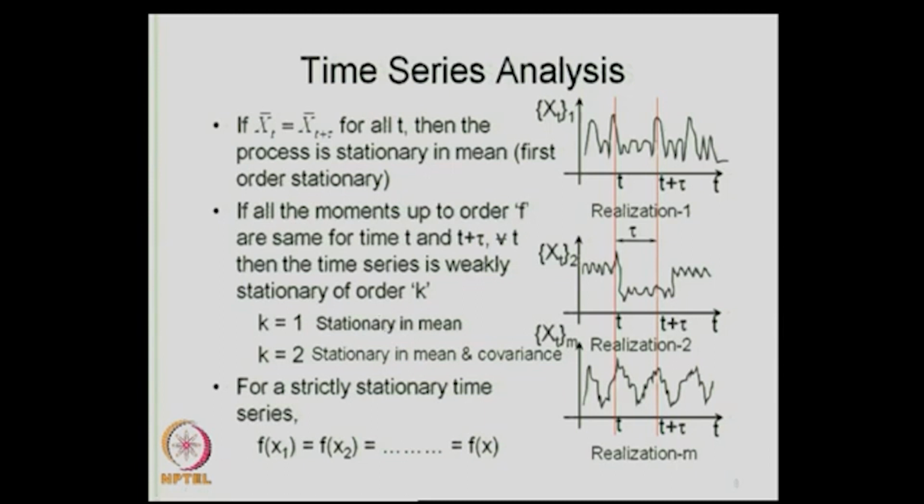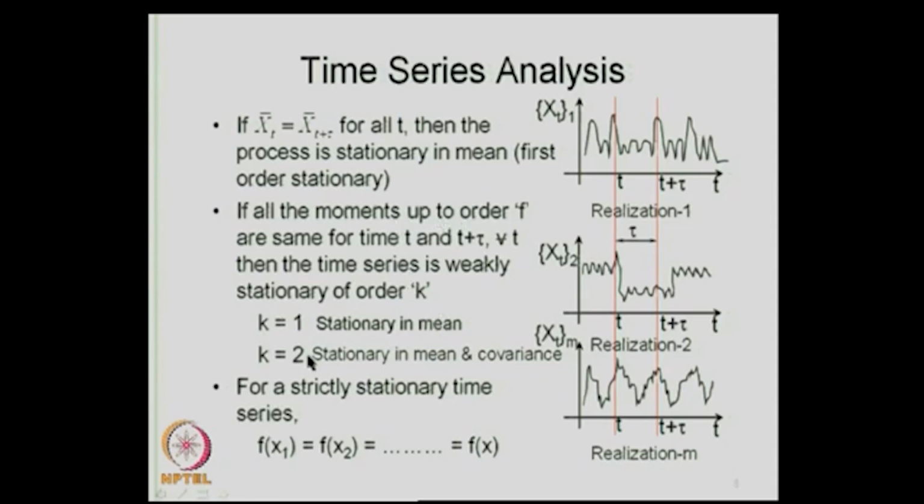For example, k is equal to 1 means that the moment up to order 1 is the same across time. The first moment is the mean. So, if you have x bar t is equal to x bar t plus tau for all t, then it is stationary in mean, or it is first order stationarity.